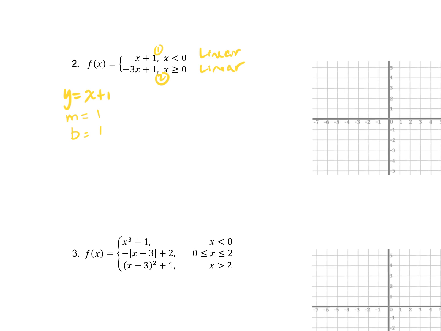So I'll go up, and then down 1 over 1. This graph is nice because it's got a slope of 1. And then make sure you kind of go out both ways. Connect your dots.